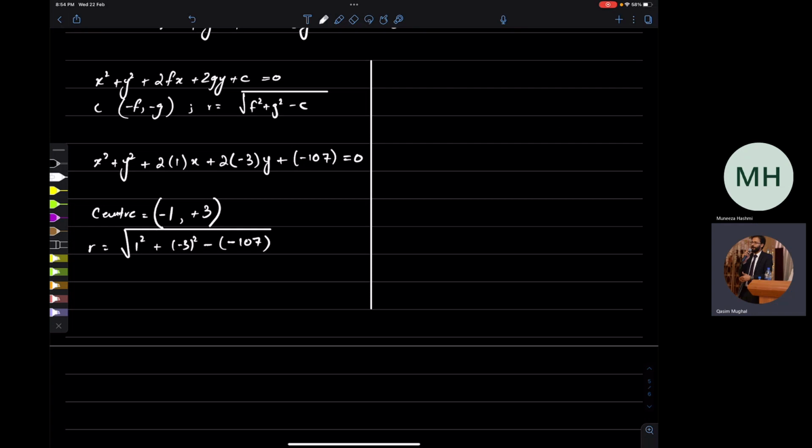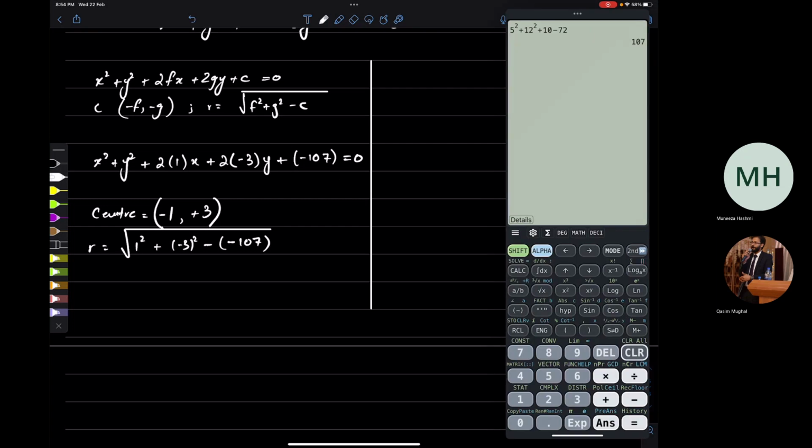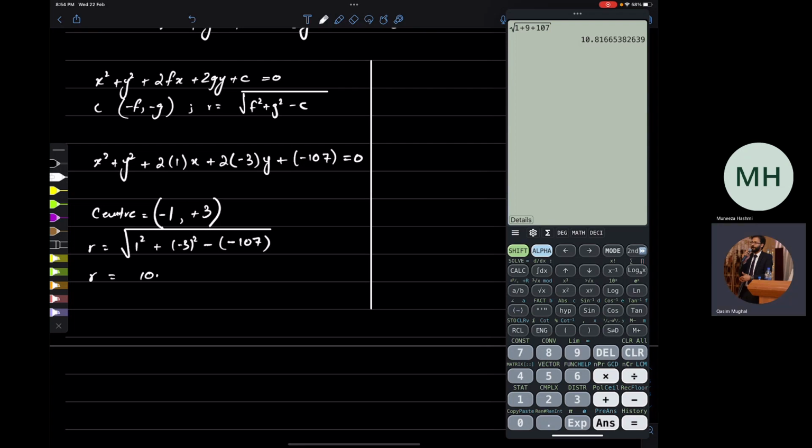So it's going to be the root of 1 squared is 1 plus the square of negative 3, which is positive 9, and then minus times minus is plus 107, and the radius is 10.8 units. Okay, got it?